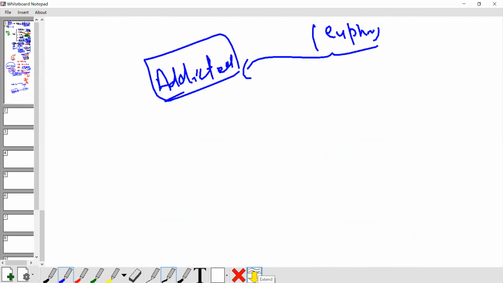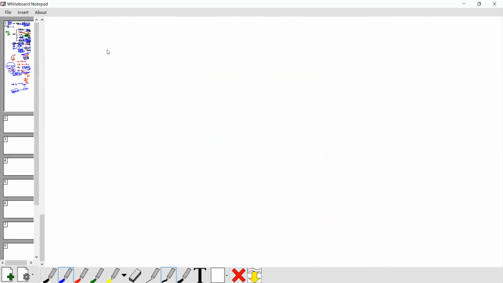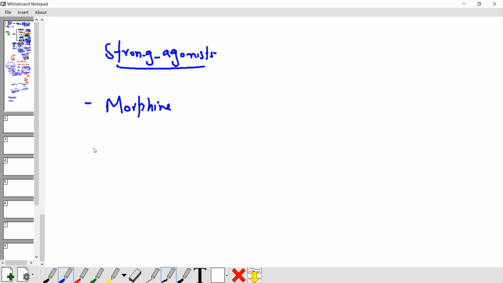Now we come to our main point. What are the groups of drugs? Strong agonists. Strong agonist, the first one, morphine.